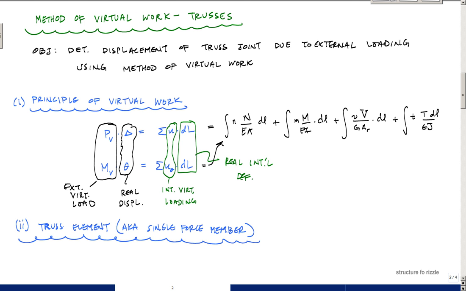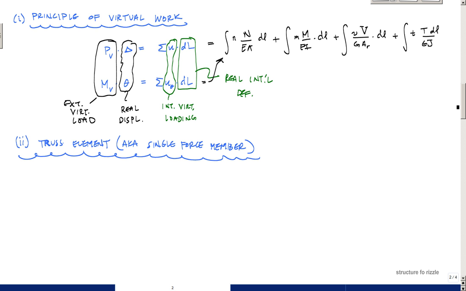But here, what we're going to be dealing with in this video is essentially a single force member for trusses. The idea behind a truss element is that you make sure all the moments that get introduced to the truss are zero, and when I make a cut in this member, internally there is only a normal force N. That's why it's called a single force member, because there's only one internal load, one internal normal force only.